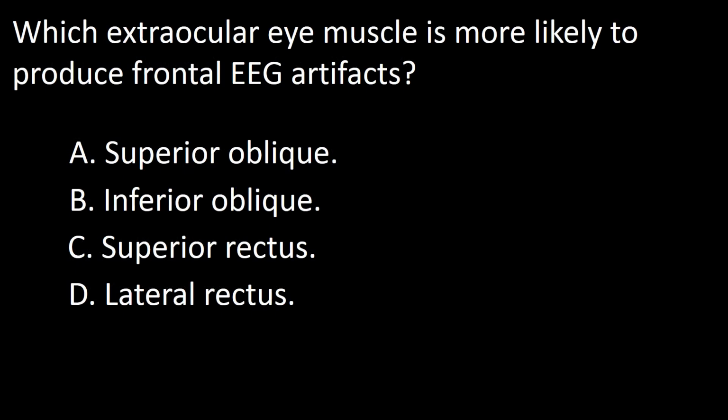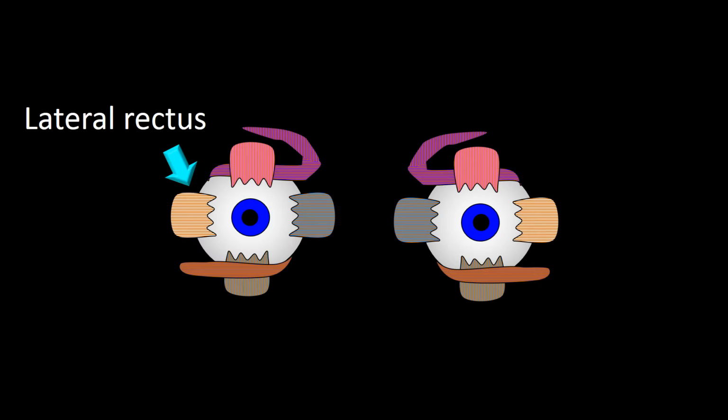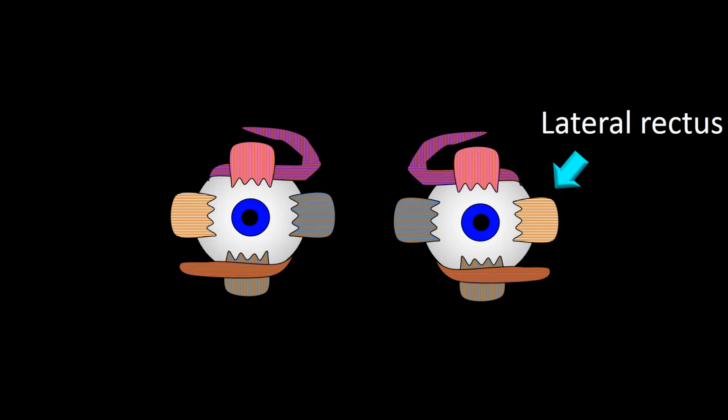Next question. Which extraocular eye muscle is most likely to produce frontal EEG artifacts? A. Superior oblique. B. Inferior oblique. C. Superior rectus. D. Lateral rectus. Here the arrow is pointing to the right lateral rectus. Here to the left lateral rectus.